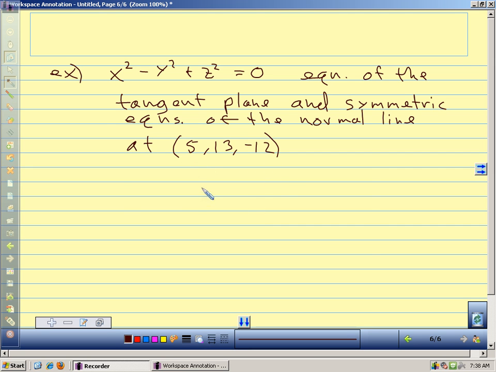So we know that the gradient, that del f, gives us our normal vector.